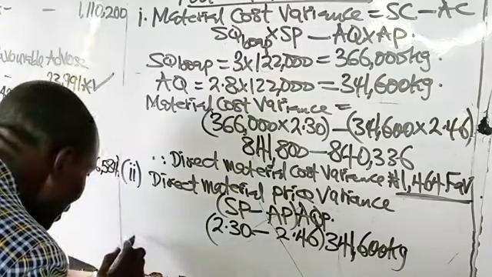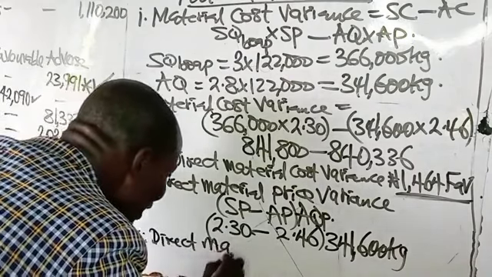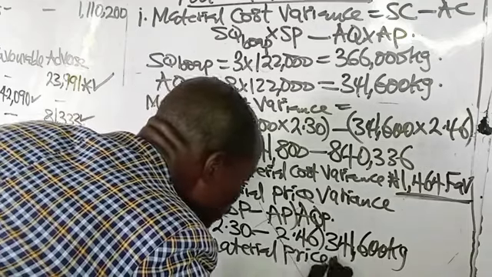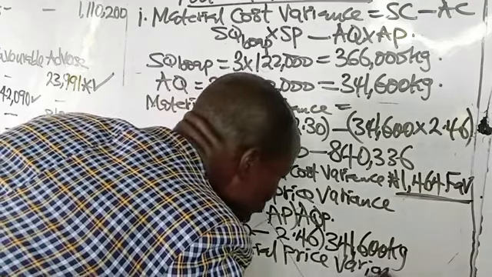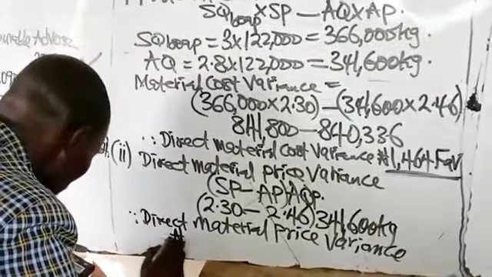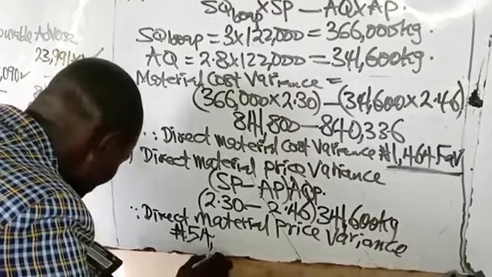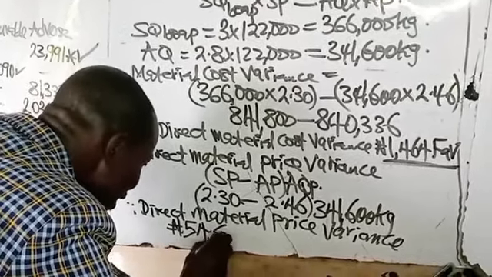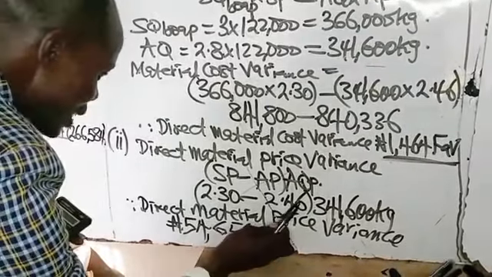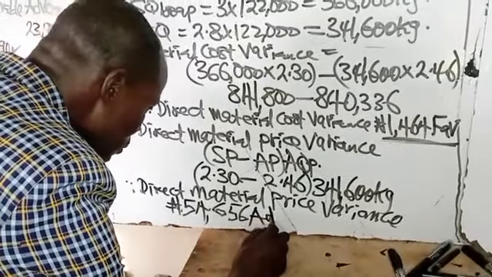Therefore, direct material price variance amounted to 54,656. This is greater, so it's an adverse variance.